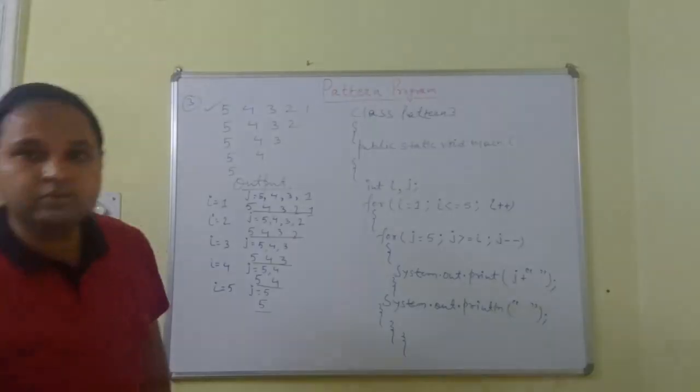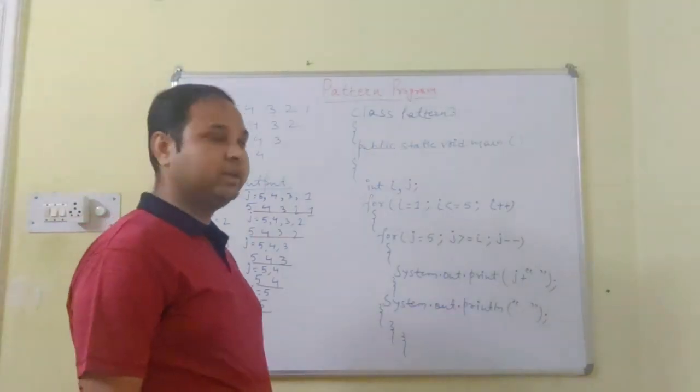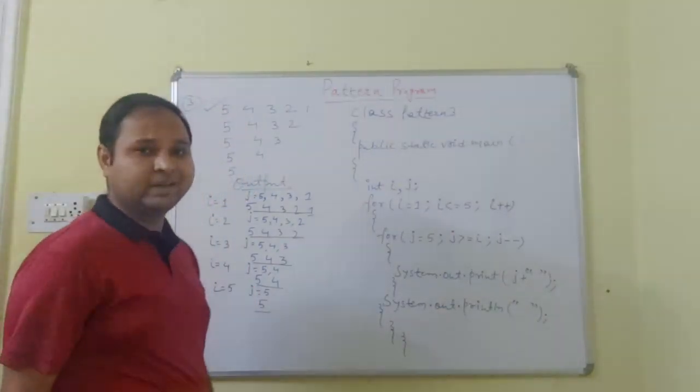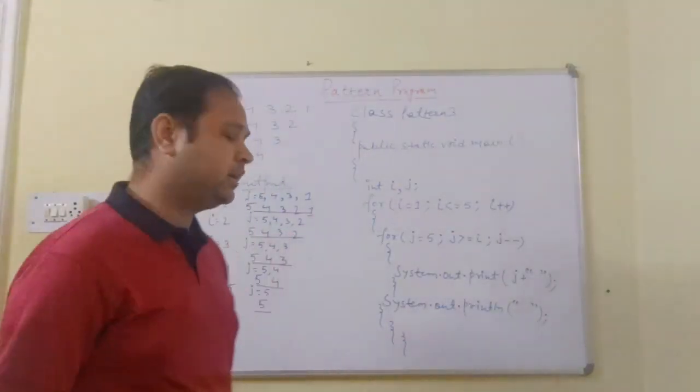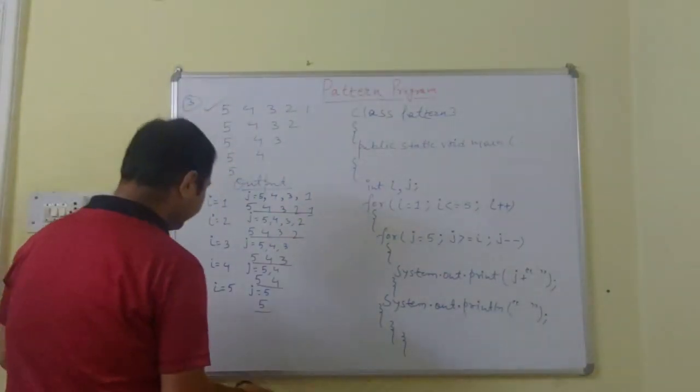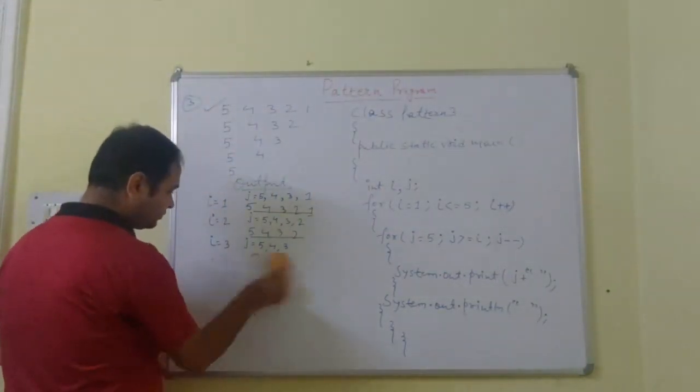Now I will explain the next program, how to print characters. If I take the characters A, B, C, D, like alphabets, I will show that also.